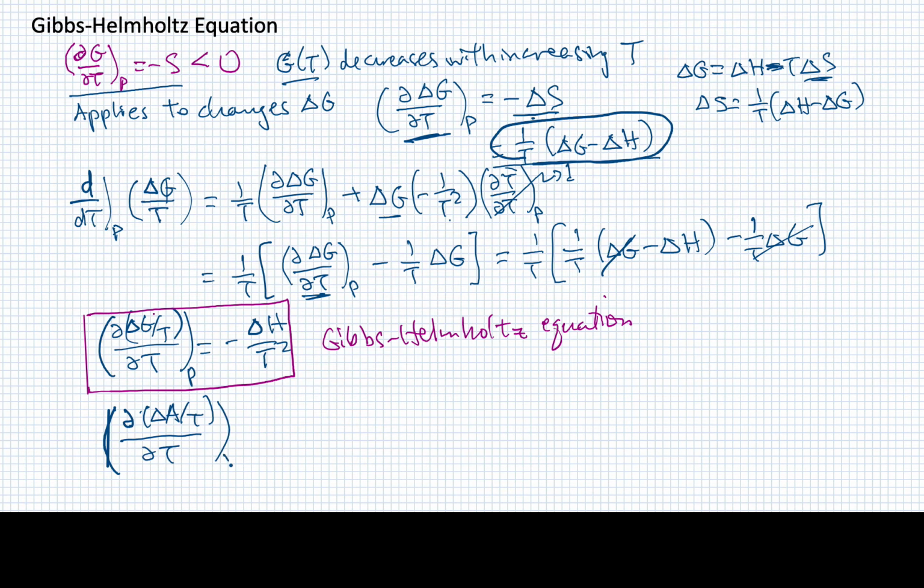Instead of constant pressure, it's at constant volume, and it would be equal not to the enthalpy but to the internal energy over temperature squared. So this is a companion form, or an alternative form, of the Gibbs-Helmholtz equation that is also valid for these things.